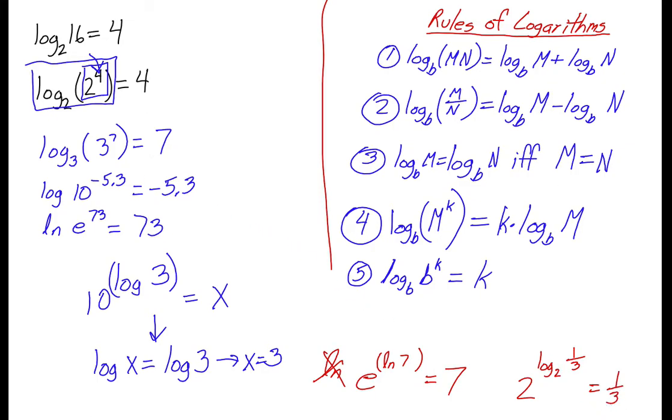And so I'm still going to lump this in here with rule number 5. You might think of this as rule 5a, and here's rule 5b. This says if I've got some number b, and I raise it to a power, and up in that power is the log base b of some number, say k, that's equal to k. This, again, is really just saying logarithms and exponentials are inverse functions.